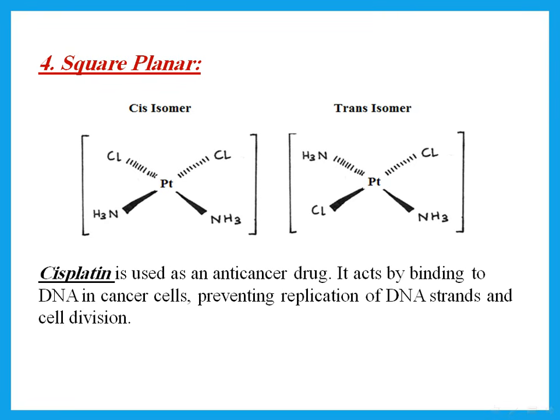It binds to the DNA in the cancer cells, prevents the replication of the DNA strands and cell division, so it acts as an anti-cancer drug. Remember that cisplatin is square planar, platinum with 2 chlorides and 2 ammonia, and it is used as an anti-cancer drug.